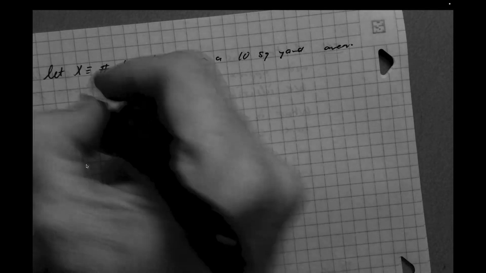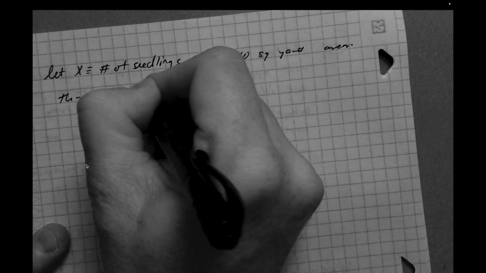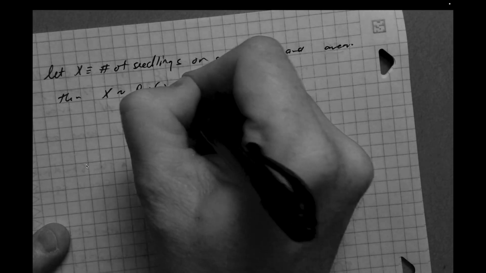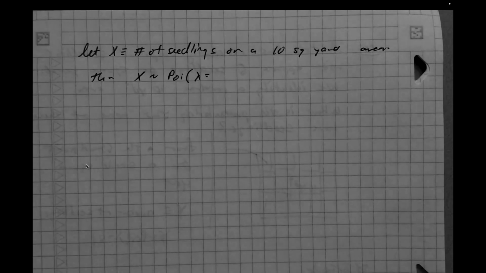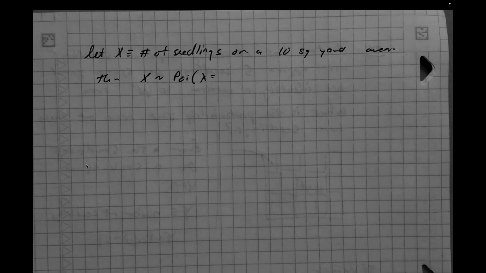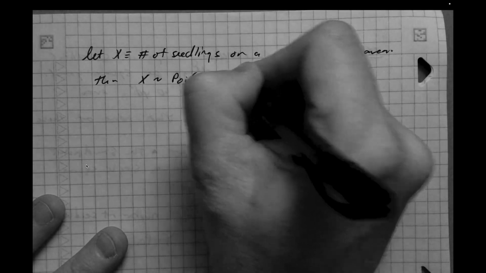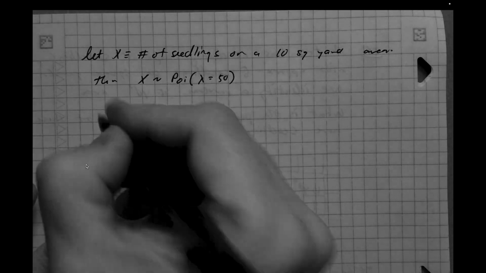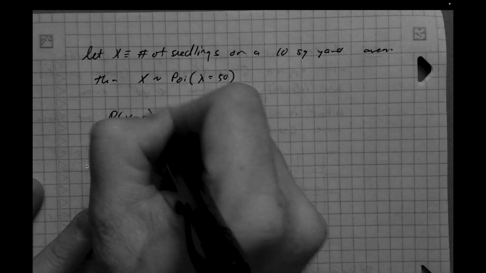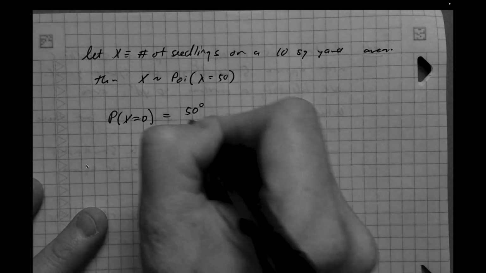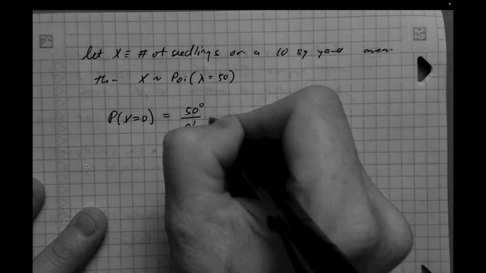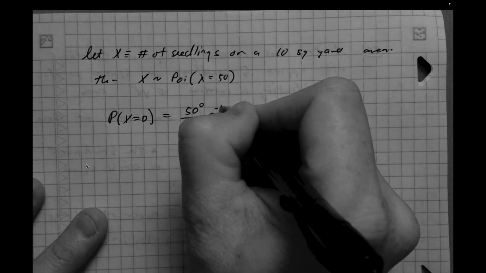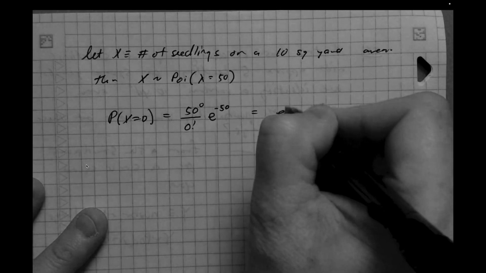Then x would be Poisson with lambda equal to, think about this, if I expect 5 seedlings per square yard, then I should expect 50 seedlings per every 10 square yards. So lambda in this case would be 50. And so the probability that x is equal to 0 is just 50 to the 0 power over 0 factorial times e to the negative lambda, which is e to the negative 50 power. And of course, you get the same answer as before.